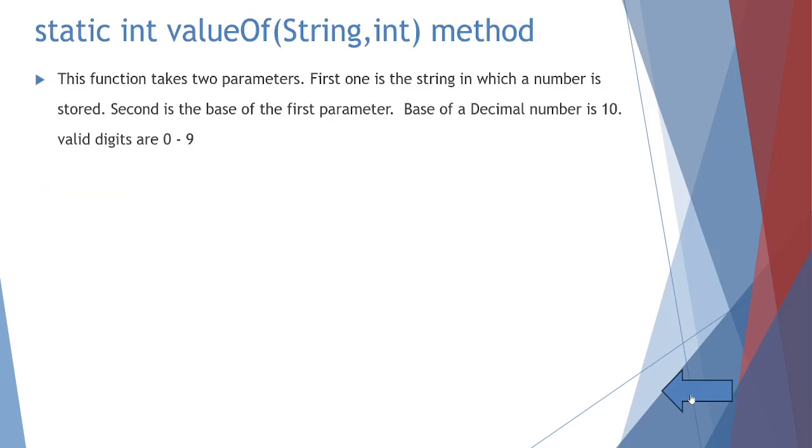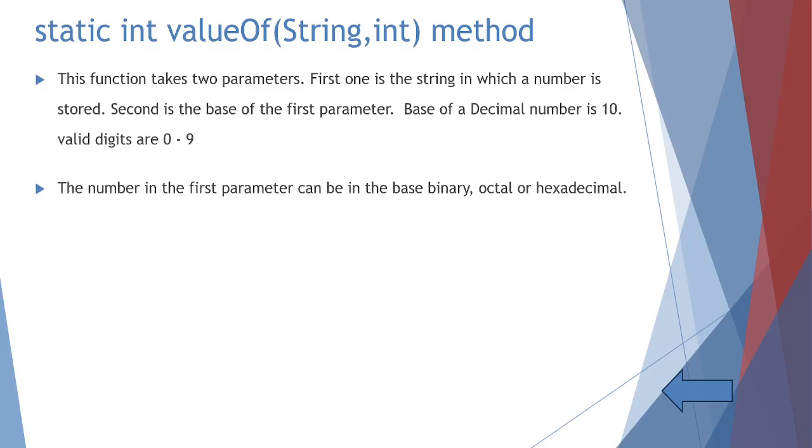Now let us see the valueOf(String, int) method, that is the second method. This function takes two parameters. We know the first one is the string in which a number is stored. Second is the base of the first parameter. Decimal number base is 10 and valid digits are 0 to 9.